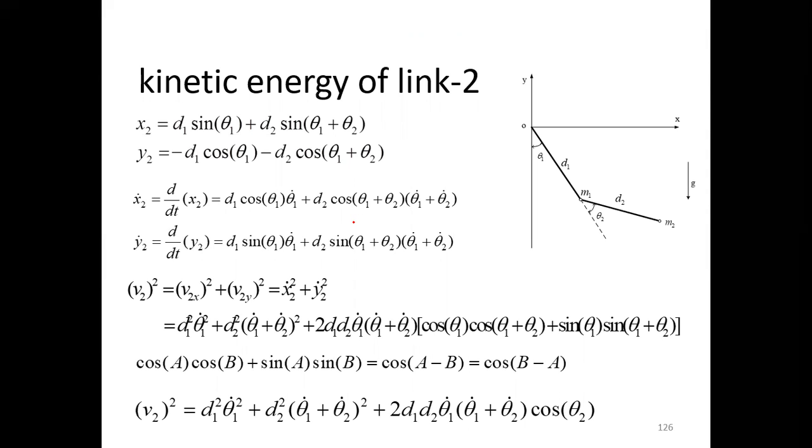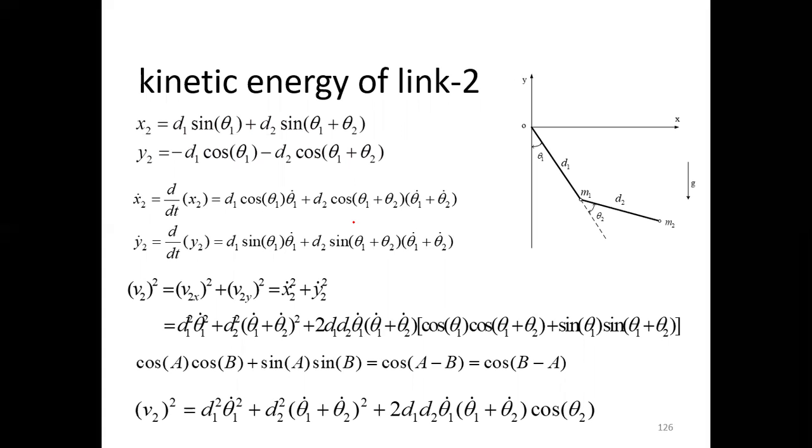The kinetic energy of the link depends on x2 and y2. See the values: x2 is equal to d1 sine theta 1 plus d2 sine of theta 1 plus theta 2. y2 is equal to minus d1 cos theta 1 minus d2 cos of theta 1 plus theta 2.